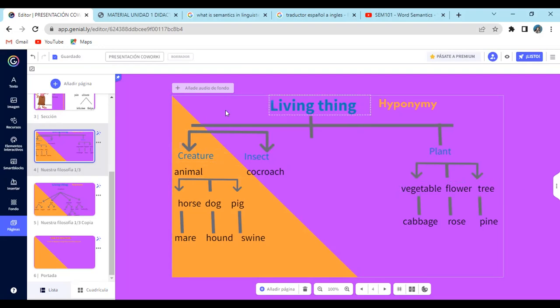I don't know if you have any questions. Not me. It is clear, students. In this first example, you add creature, insect, and plant, and then another just creature. I said that you are going to do an example like this, taking into account this model.